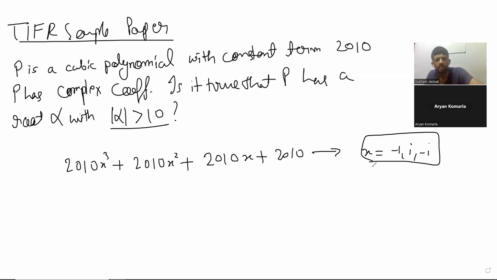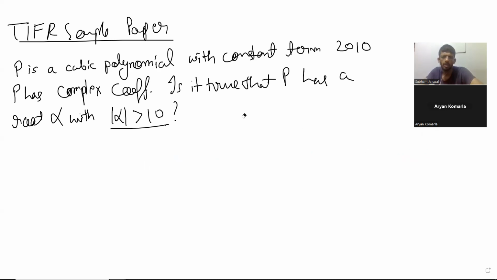But I think what they missed out was that P is monic. I'm not sure, I haven't tried yet. So then I think it's a bit more interesting.